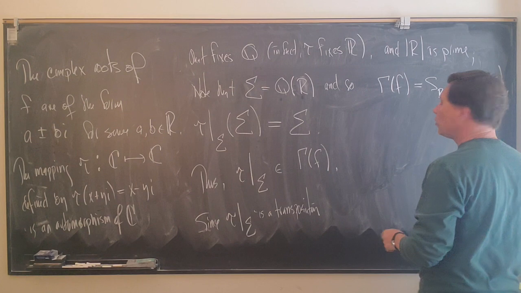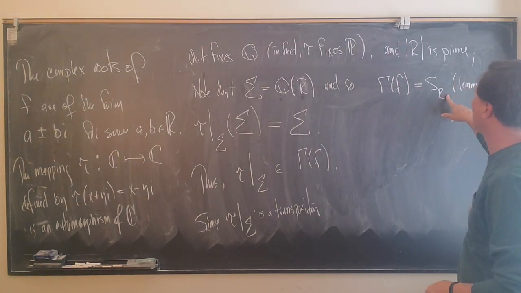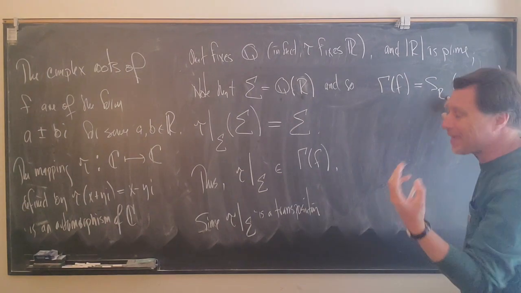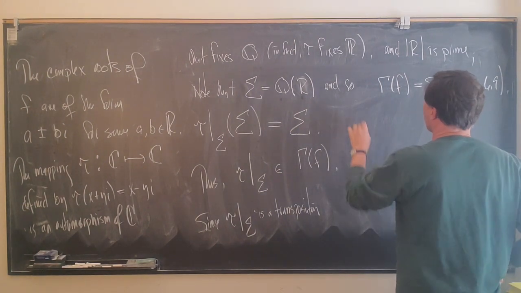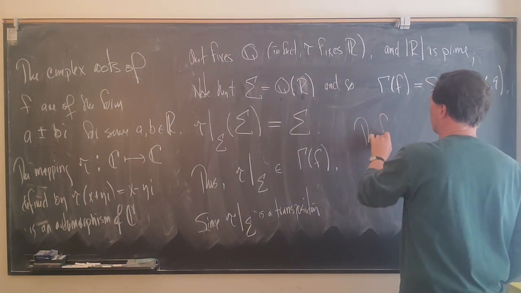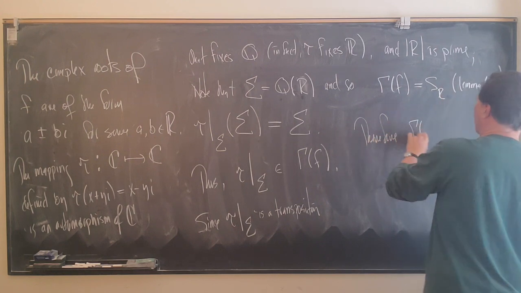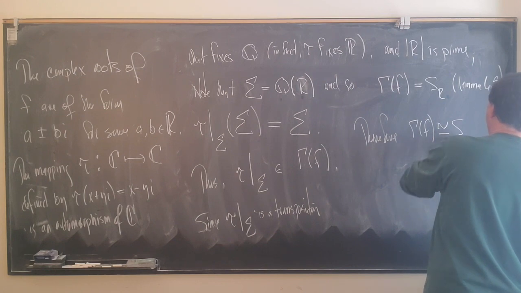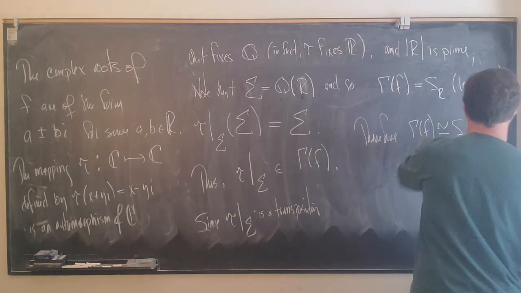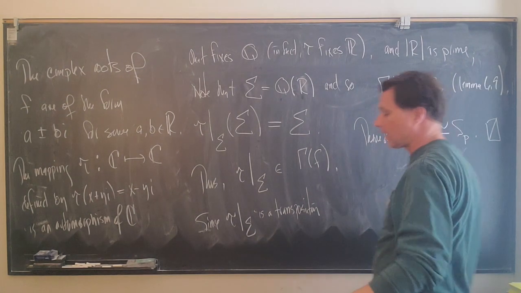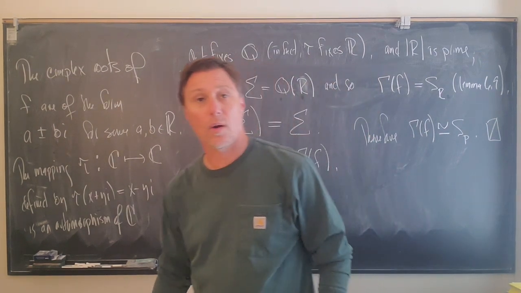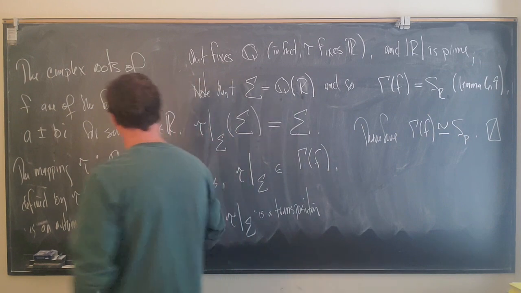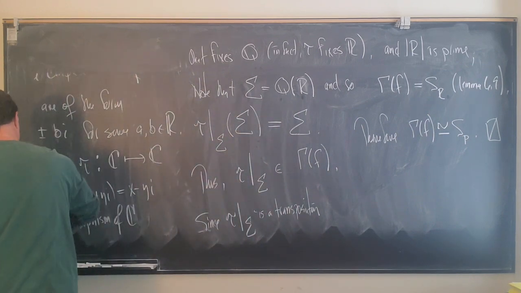And so our final conclusion, because R has p elements, is that therefore Gamma of f is isomorphic to S sub p. All right. And so now we're ready for an application.